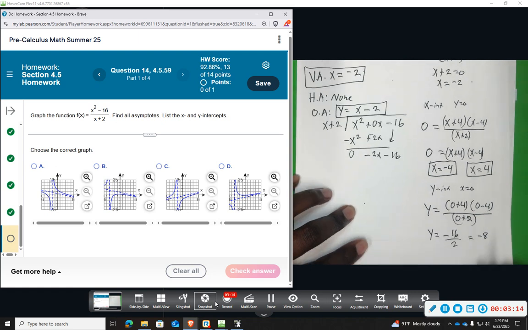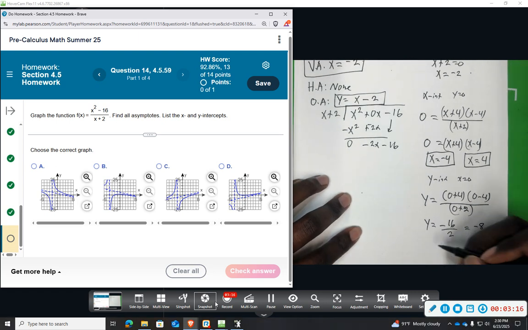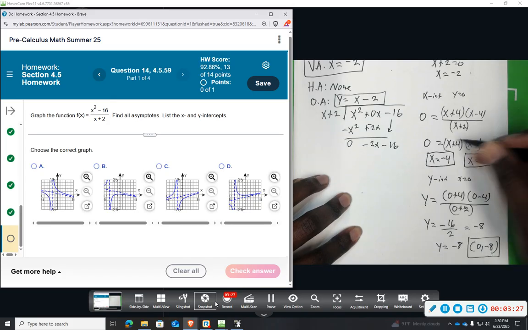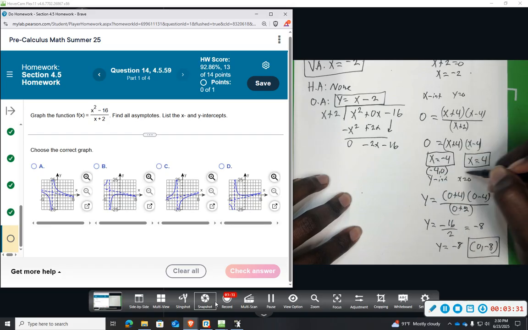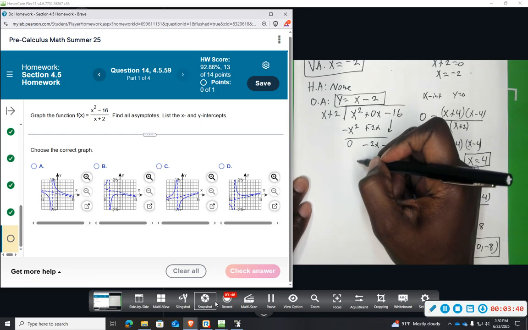So our y-intercept would be y equals negative 8. As an ordered pair, 0, negative 8, and then as ordered pairs up here, we would get negative 4, 0, and 4, 0. Alright, so I think that's everything.